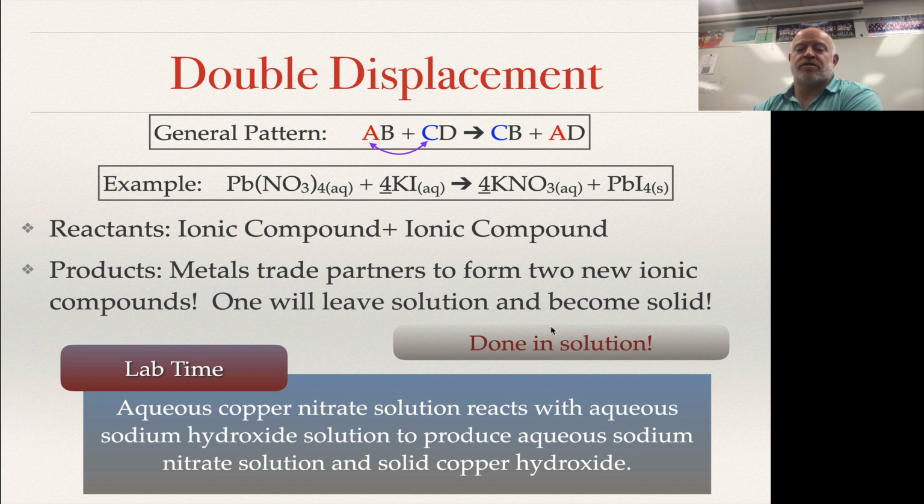These are always done in solution, okay? There are some cases where they aren't, so always is a strong word there, but for the most part, we're going to see these done in solution. Once we get to lab time, we're going to use some copper nitrate, react it with sodium hydroxide and have them switch partners, and then we're going to hopefully see that solid copper hydroxide precipitate form.